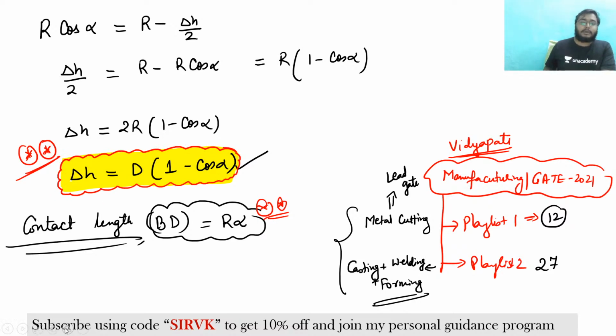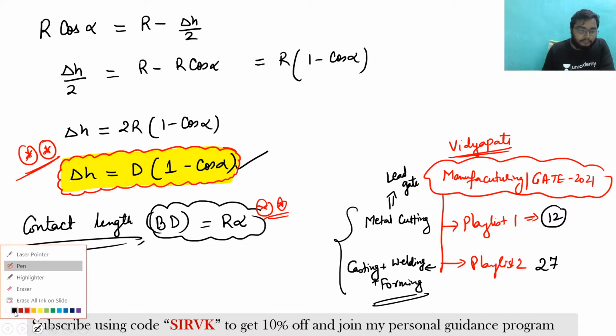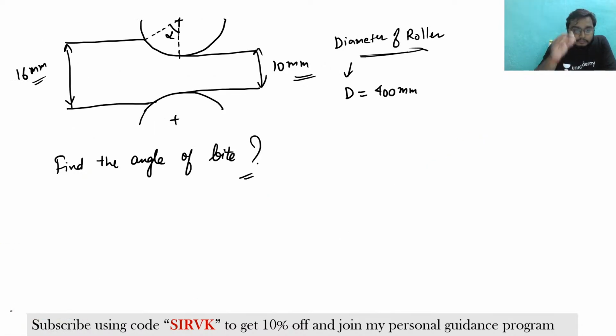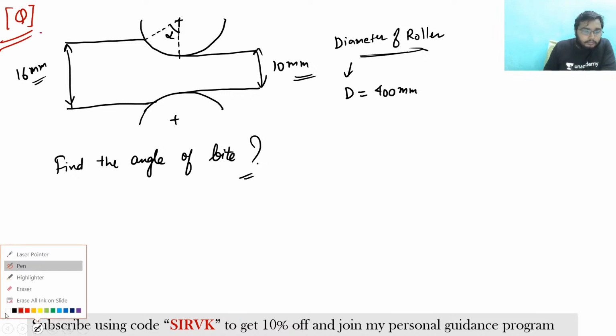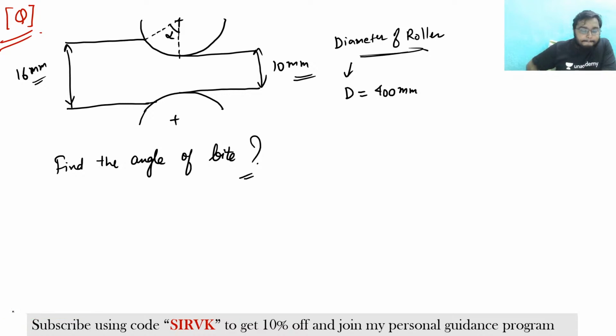Okay, 9.93. Asis has told the answer, 9.93.